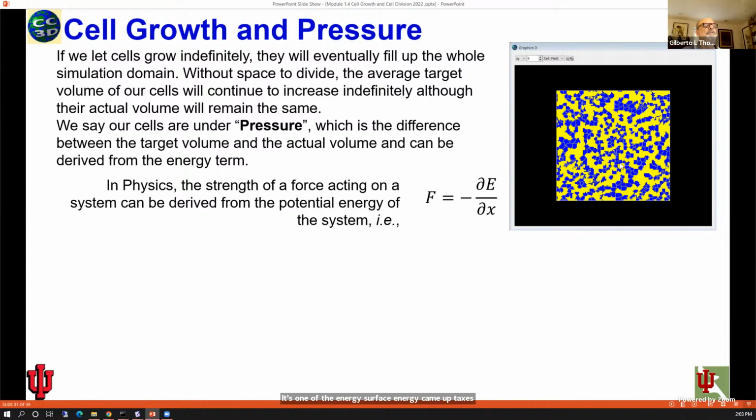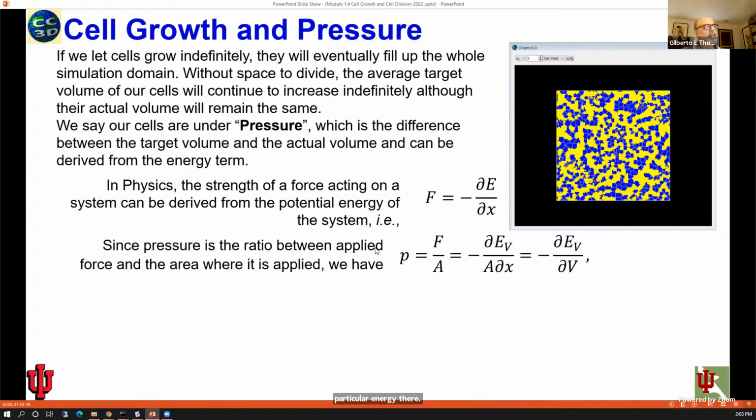So if you vary energy, as CompuCell does all the time, we can extract from there a force from that particular energy term. On the other side, we know that pressure is the ratio between force and area. Which area? Maybe the things that are in contact here in the simulation.